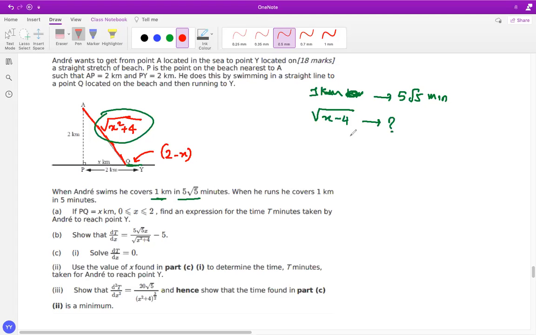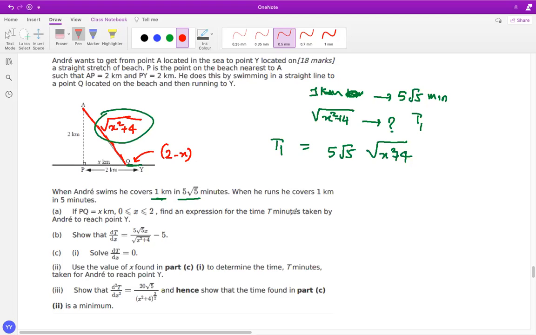So let's say how much time. If you apply the unitary method, this is straight away the time taken. If I take t1, this is t1. It is 5 √5 times √(x squared plus 4). So this is the total time taken along this track.